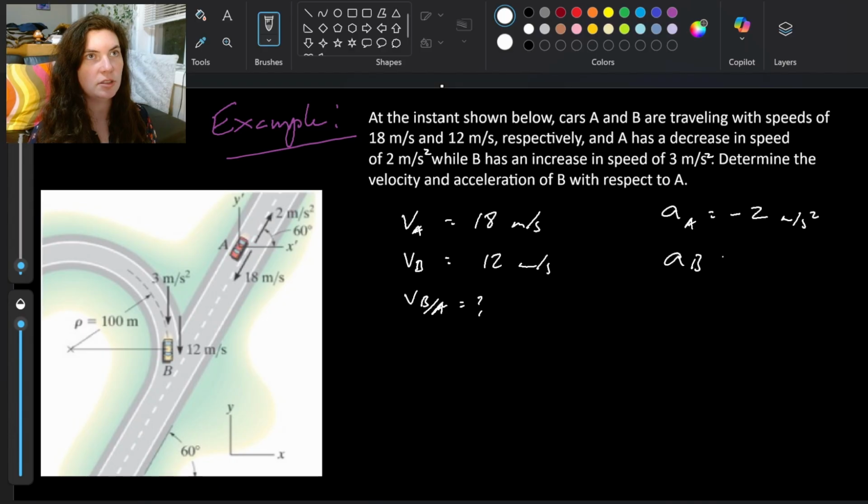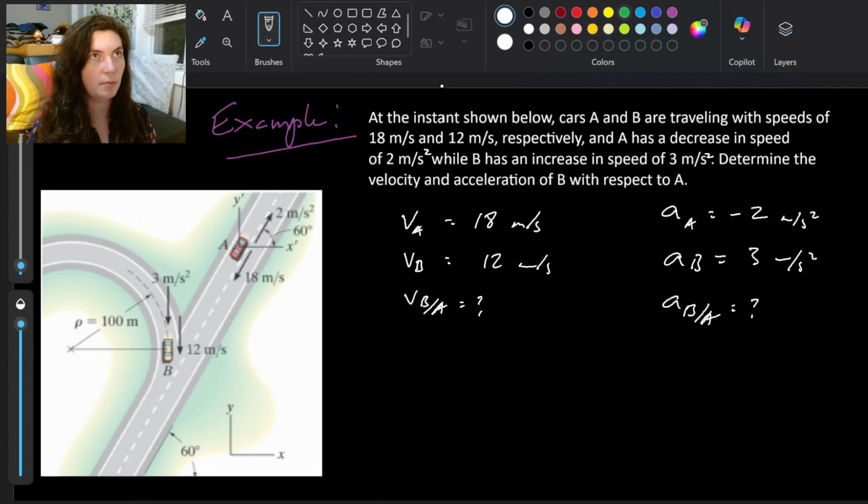The acceleration of B has a magnitude of 3 meters per second squared, increasing in speed. And we want to find the acceleration of B with respect to A. So that's picking out everything important that we found. Now it's just a matter of finding those in the vector forms and solving for that B with respect to A, whichever one we happen to be doing.